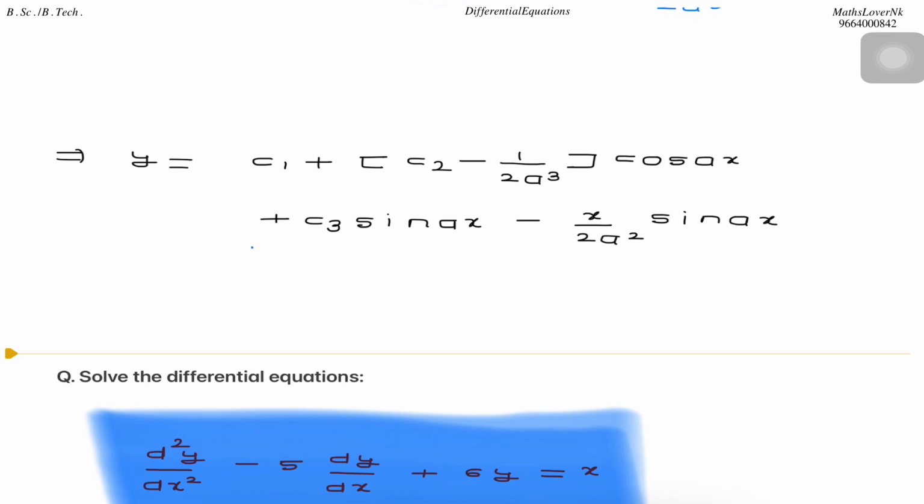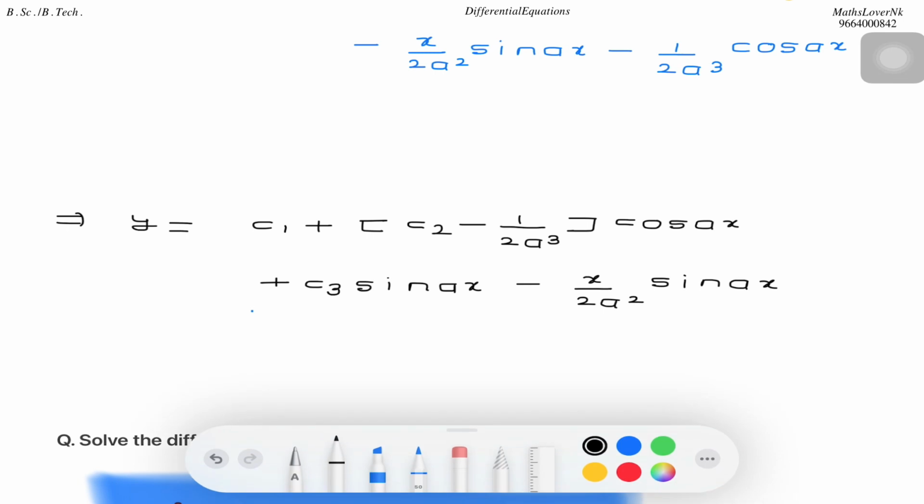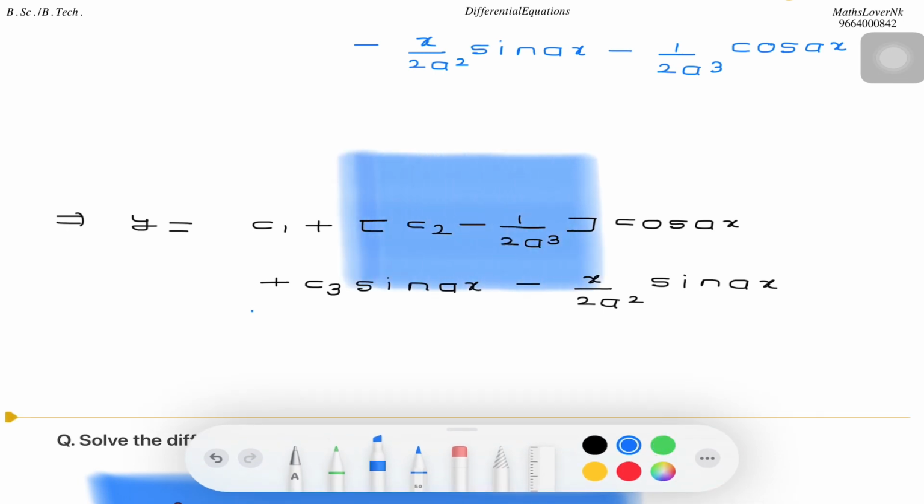Now we solve it and get the complete solution. Here C2 minus 1 upon 2a³ is an arbitrary constant.